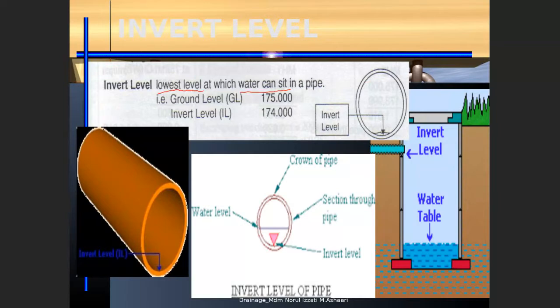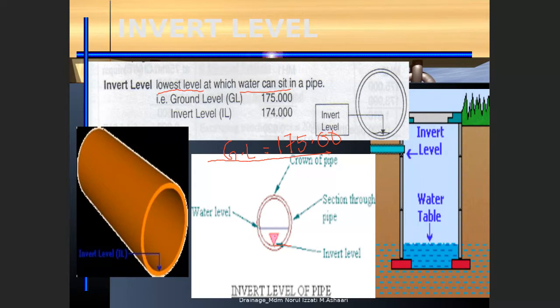So logically, let's say this is the ground level, and this is the pipe. If you are given the ground level, let's say 175.00, the invert level given here is 174. This is the reading from the datum. If you learn surveying, then you know that this is the reading from the datum or from the sea level.